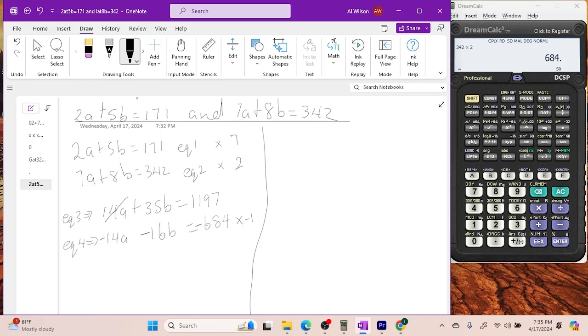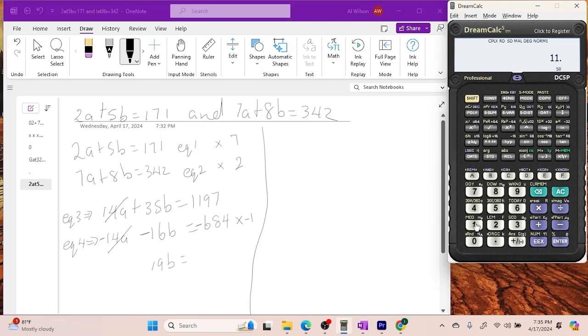This would lead to 14a subtracting 14a, and what we're left with is 35 take 16, which is 19, b is equal to 1197 subtracting 684, which is 513.